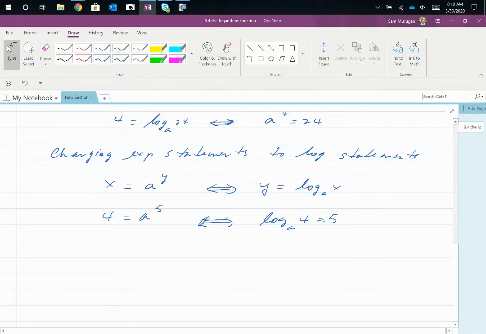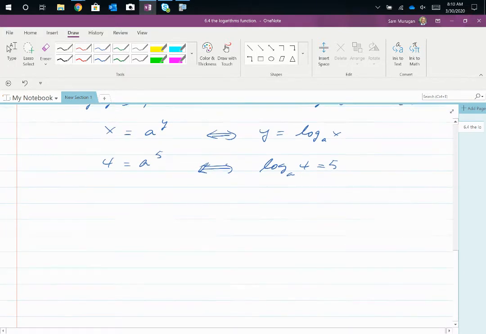Now, we want to go ahead and speak about the domain of the log function. So, in our definition, we said that the domain of the log function must be greater than 0.